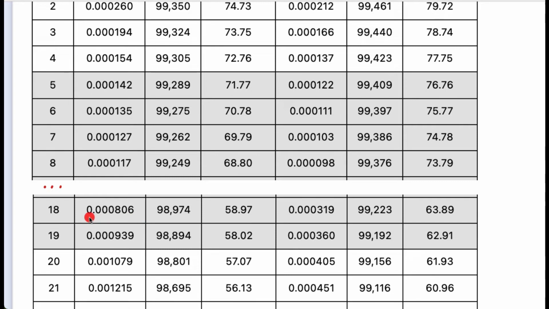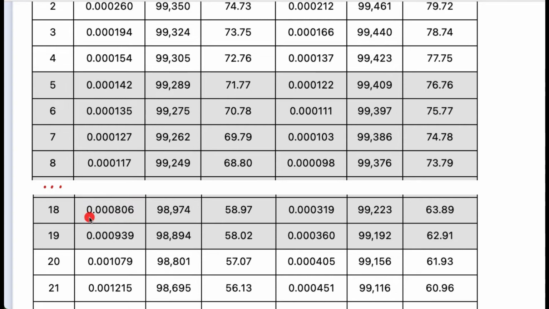Now in the second column here we have the death probability, and it simply tells you if you just turned 19 years old, what is the chance of dying in the next year. And here we see it's about 8 out of 10,000.